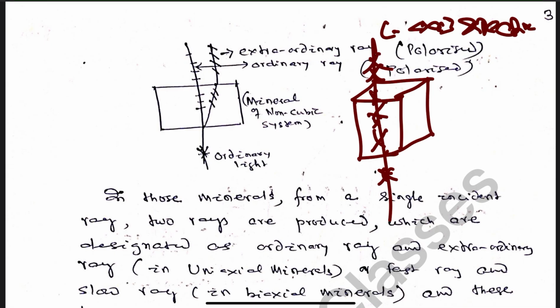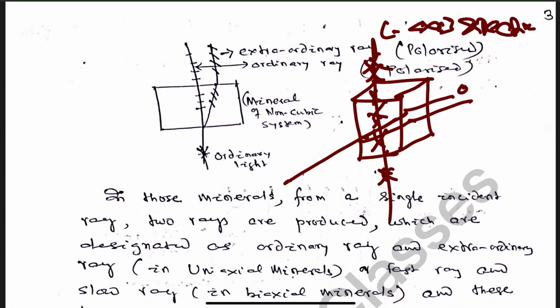So the ordinary ray remains an ordinary ray and it is not found to be polarized. But if light is incident in any other direction other than the optic axis direction, light is found to be split up into two rays.